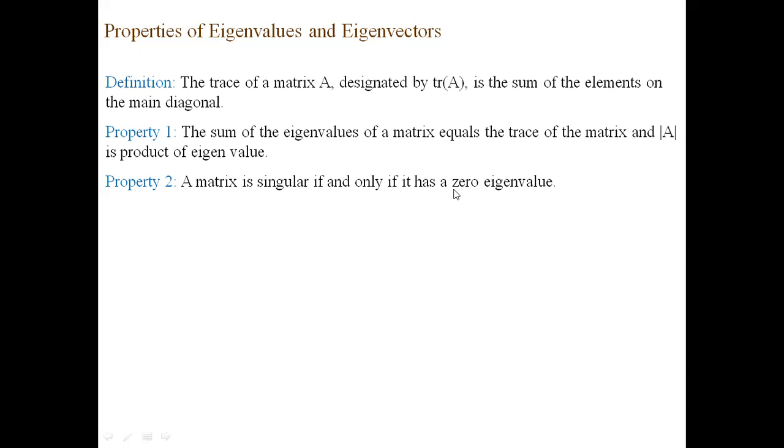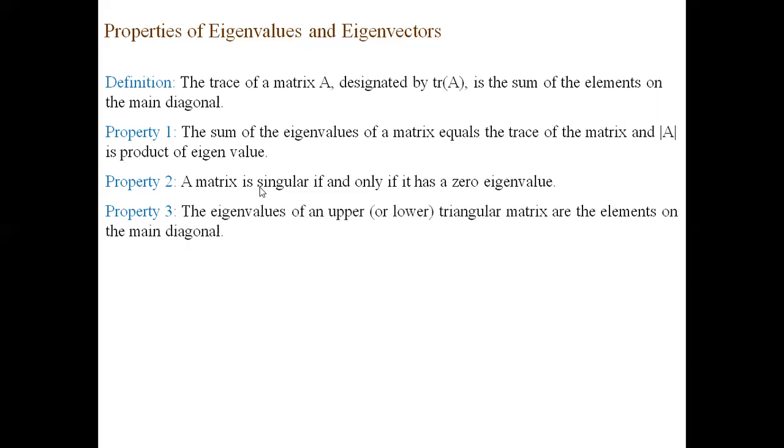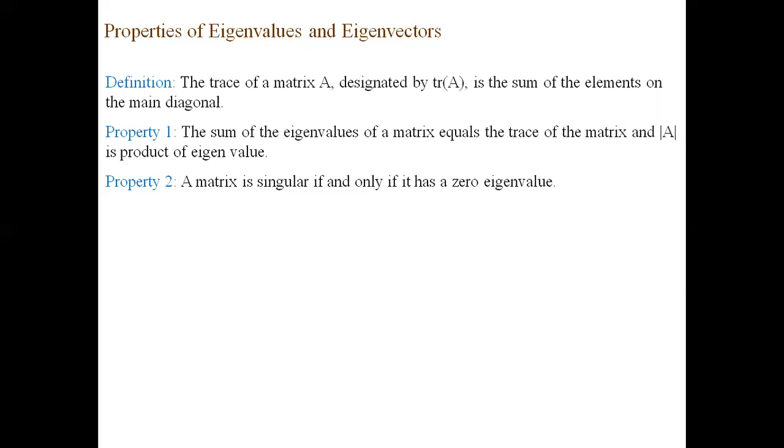Because the determinant is the product of eigenvalues. Correct. In real numbers, when the product of numbers becomes 0, at least one of them should be 0. Yes or no? So if I have a singular matrix, whose determinant is 0, it means you have at least one eigenvalue equal to 0. Got it everyone? This remark, property 2.